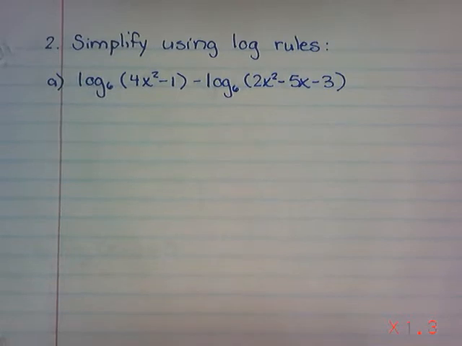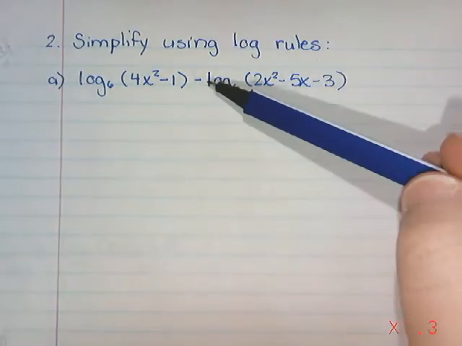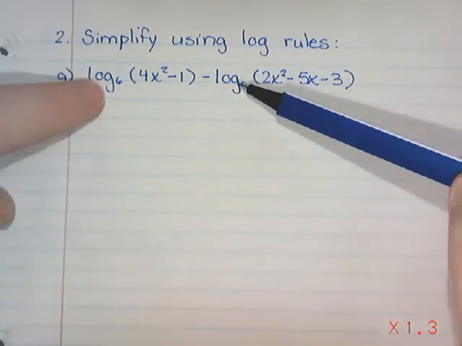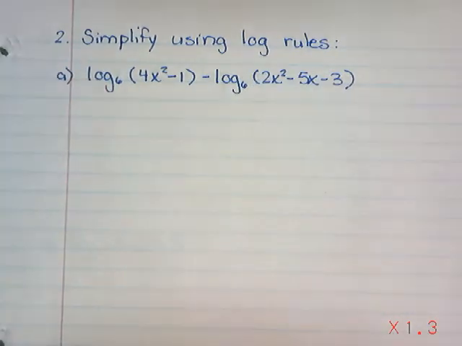It says log base 6 of 4x squared minus 1, minus log base 6 of 2x squared minus 5x minus 3. In looking at this question, I notice I have two logs and they are being subtracted. I also notice they have the same base, which means they are eligible to use log rules. When I am subtracting two logs with the same base, my yellow sheet tells me that I can combine them into one single log by dividing their arguments.